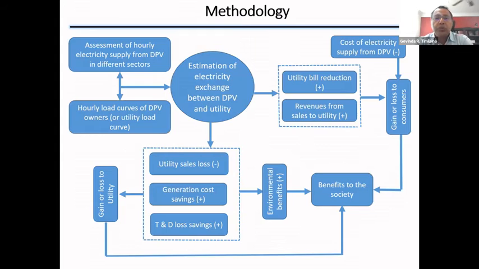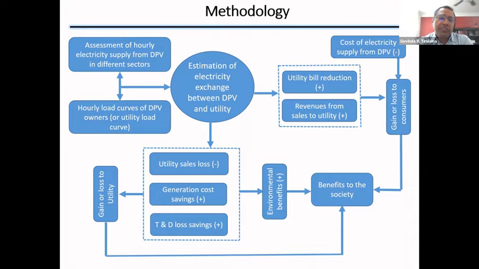So I would like to show the methodology here, how we have done this study. Through this flow diagram, on your left top, basically we assess the hourly electricity supply from DPV in different sectors.